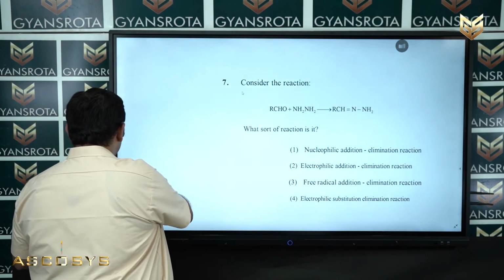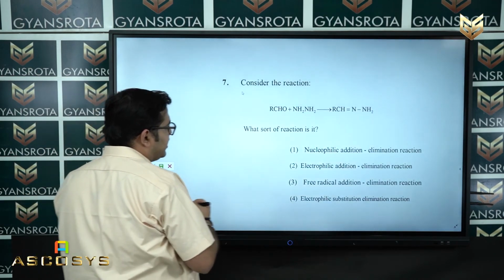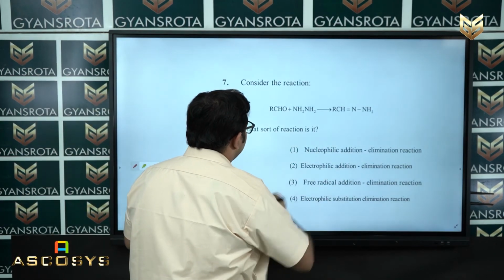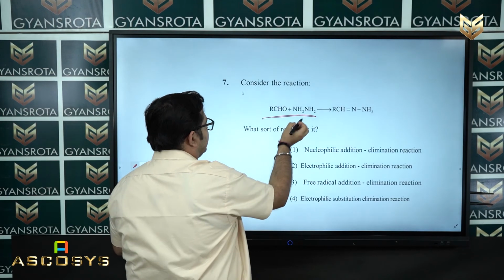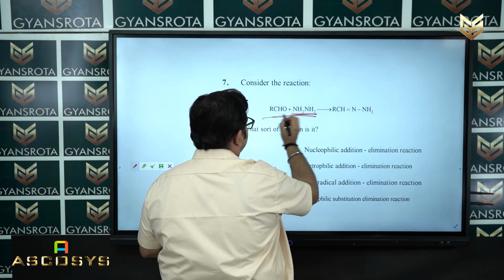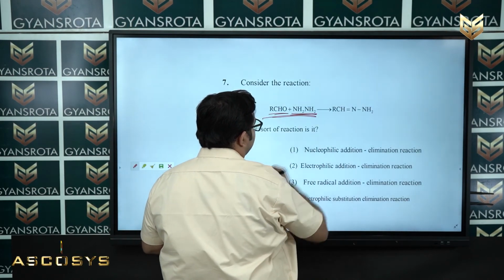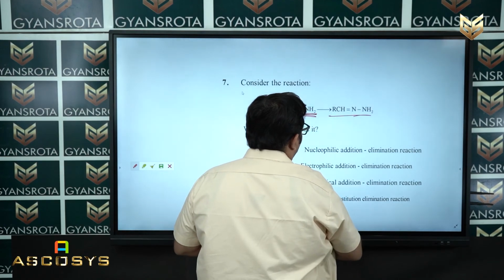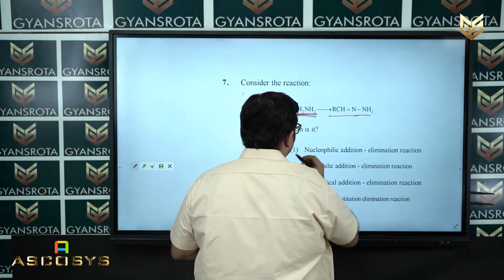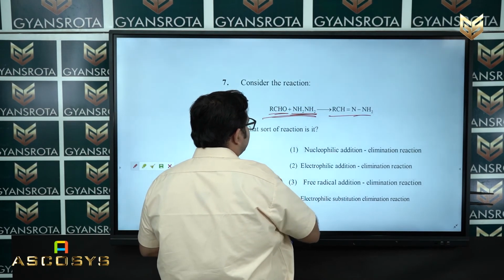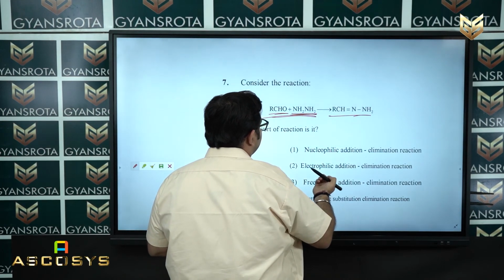This basically comes from your GOC chapter, general organic chemistry. If you see this reaction, NH2 reacts with the aldehyde and gives this kind of product, and this is nothing but nucleophilic addition, then elimination will take place. How?